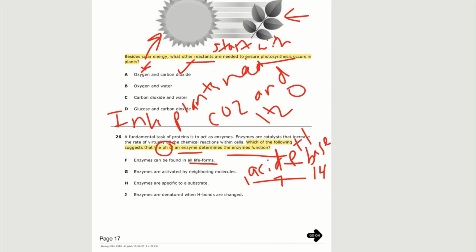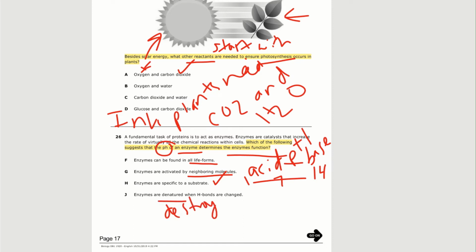Enzymes are activated by neighboring molecules. Does that tell me anything about the pH? Enzymes are specific to a substrate. That's true, but does that tell me anything about the pH? Enzymes are denatured. What does that mean?